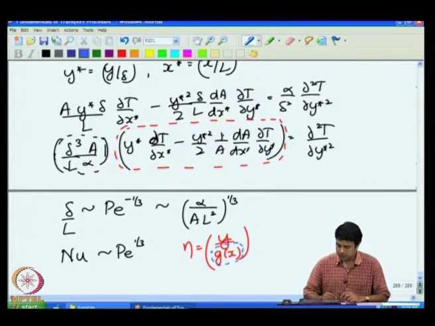So, this is one class of boundary layer problems, transport from a solid surface with no slip boundary conditions at the surface.